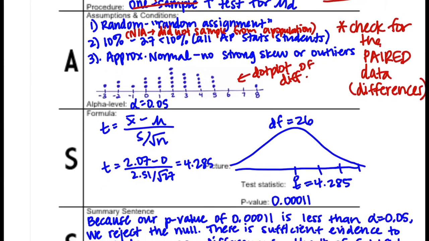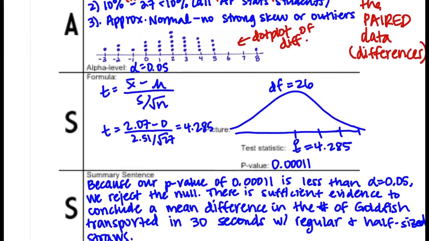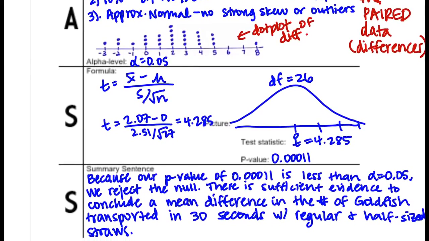Don't forget your alpha. Now for your formula, this is a one sample test, so we're using the one sample t test statistic. I'm just going to add a little d here, a d here, and a d here, because that's the official formula, even though it's really the same formula as a one sample test, and the mean difference will always equal 0 for a paired t-test.